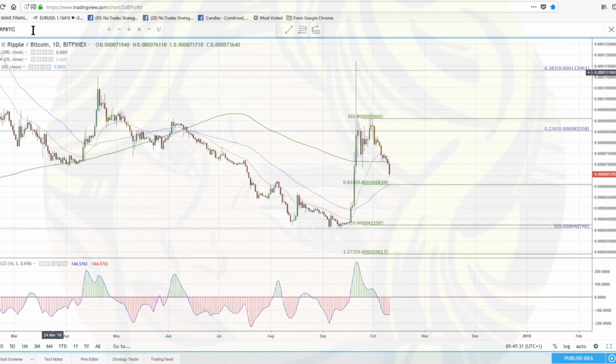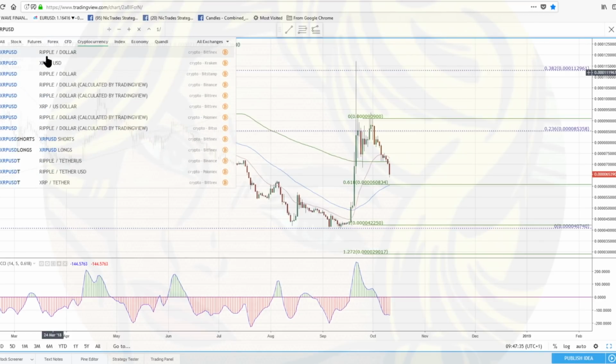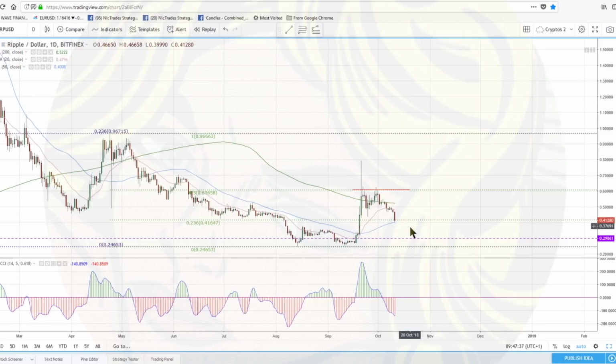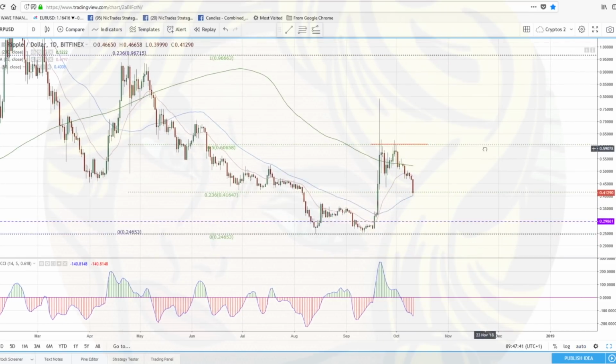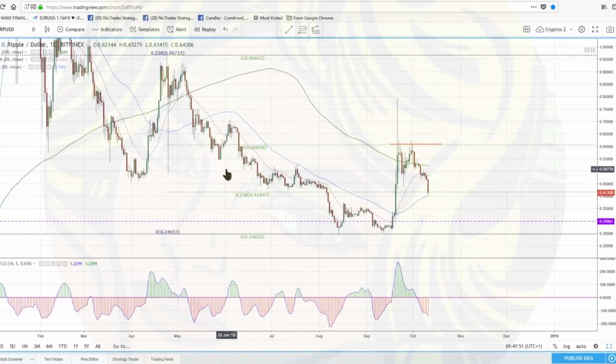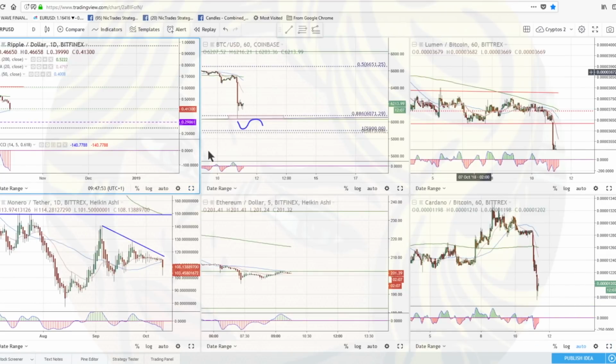That would make me, if we go back to Ripple US dollar, a bit cautious until I see a really good signal and a hold of this support. So expect a little bit of short term Bitcoin outperformance, but then this support to hold for Ripple and Ripple to follow it up higher. So the first sign, I think, is going to be Bitcoin stabilizing and going up.